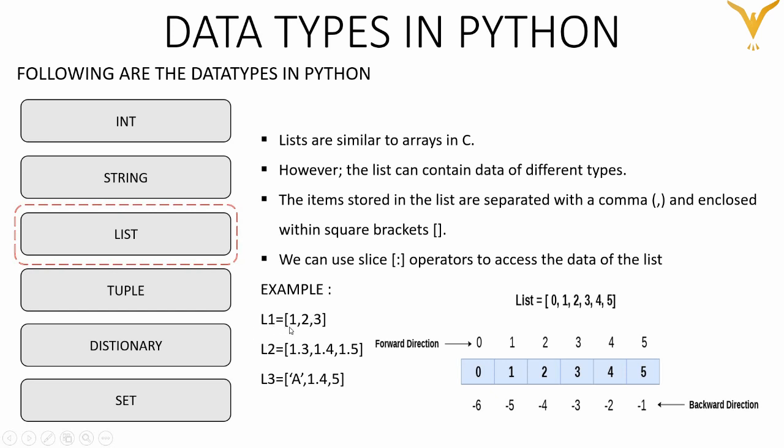The first list has only integer values. In the second list we have only float values, whereas in the third list we have values of different data types. That is, your first value is a string, your second value is a float, and your third value is a normal integer. Clear with this?